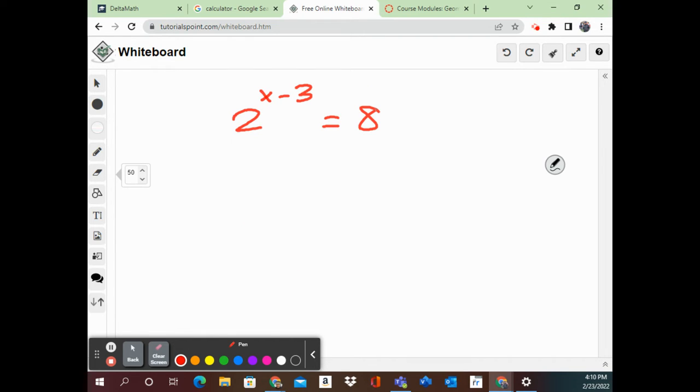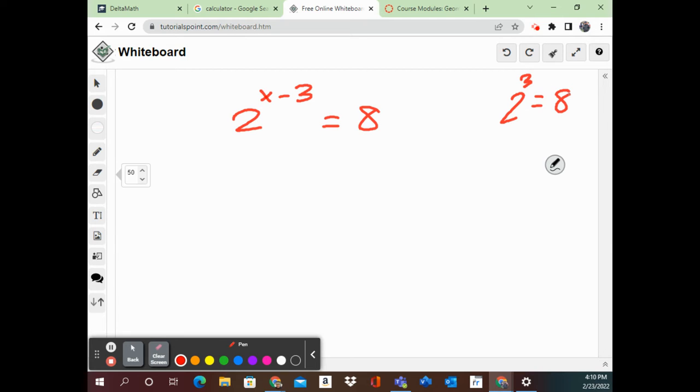All right, another problem. We have 2 to the x minus 3 is equal to 8. If I don't have the same bases, what do I have? Well, I know from my multiplication facts that 8 is nothing but 2 to the third power.